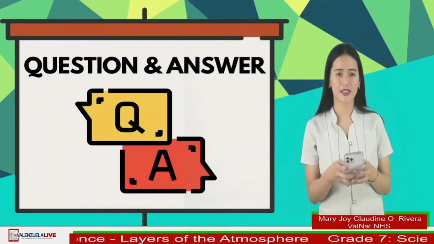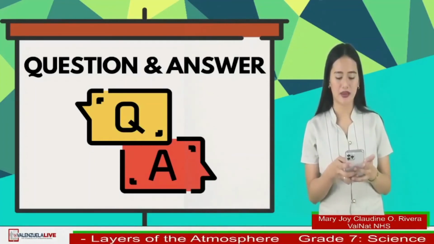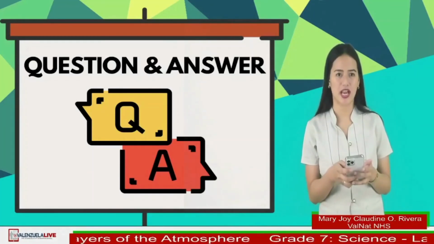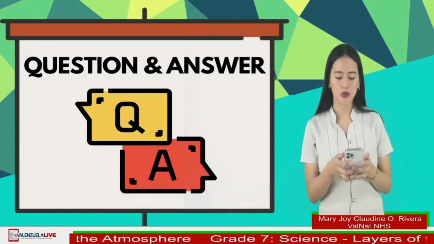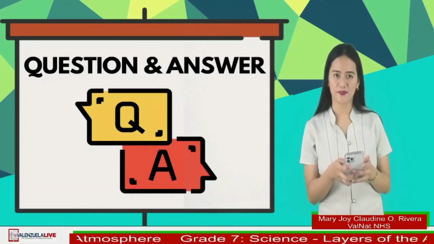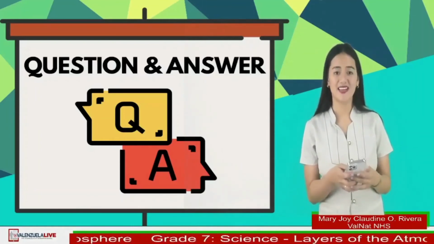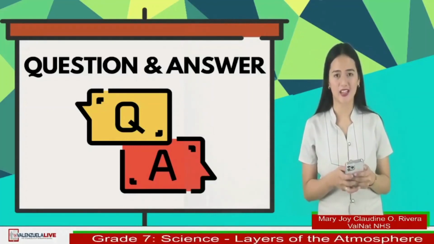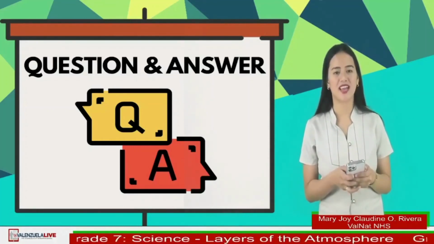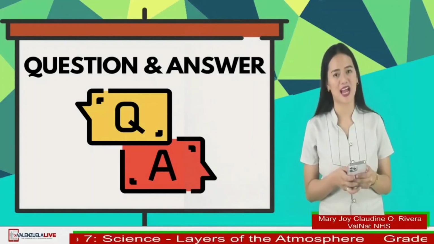Okay, next is from Gina de la Vega from Lawang Baton National High School. Ask, how do auroras form? Well, Sheena, in the ionosphere, the ions of the solar wind collide with atoms of oxygen and nitrogen from the Earth's atmosphere.